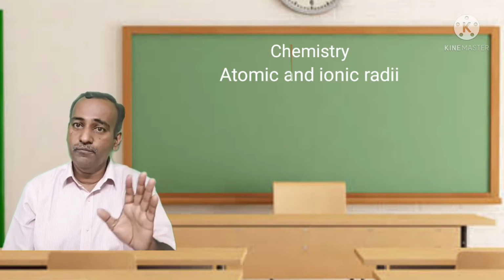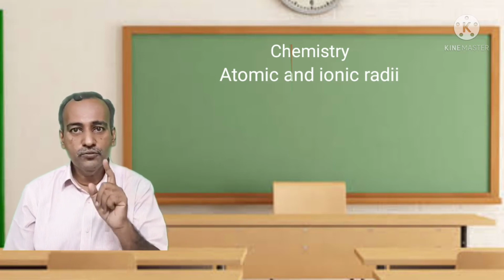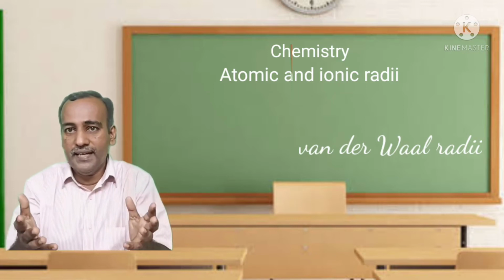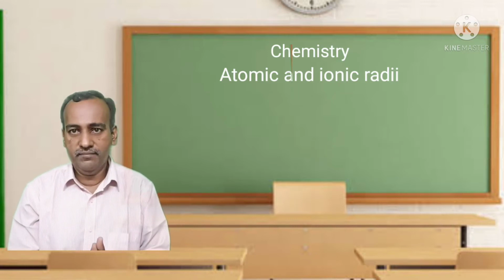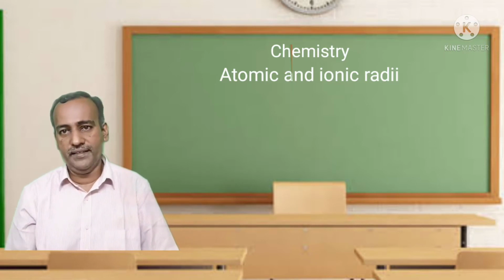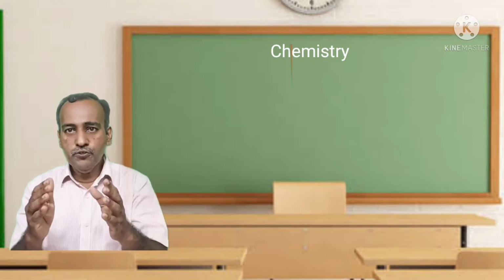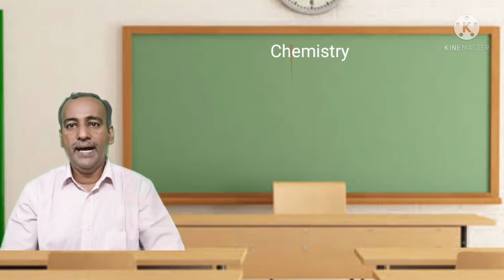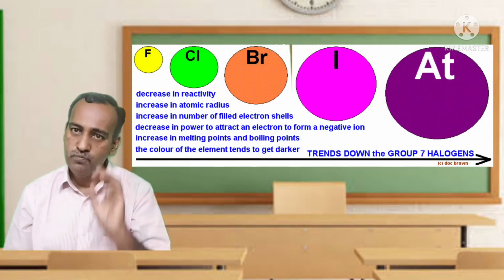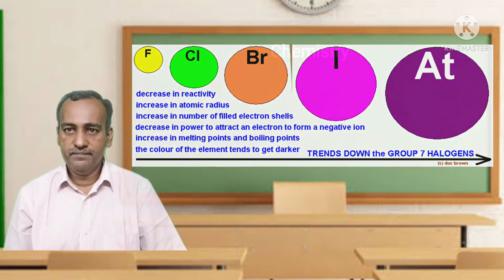Next to halogens, of course, group 18 elements are present, but due to van der Waals radii, their atomic radii are somewhat bigger than that of halogens. So halogens possess the smallest atomic radii in the corresponding period. As usual, when we move from top to bottom, atomic radii increases. So fluorine is the smallest element in group 17.